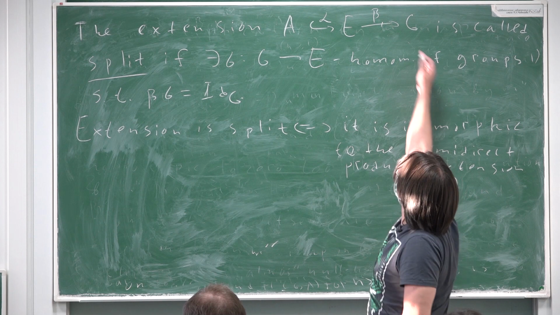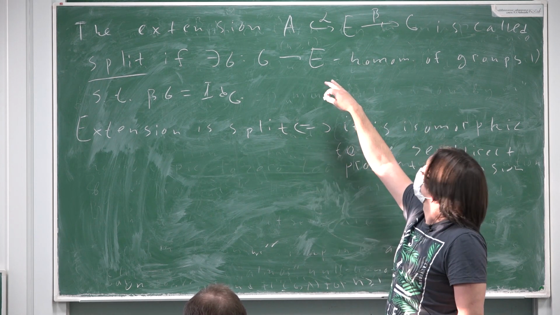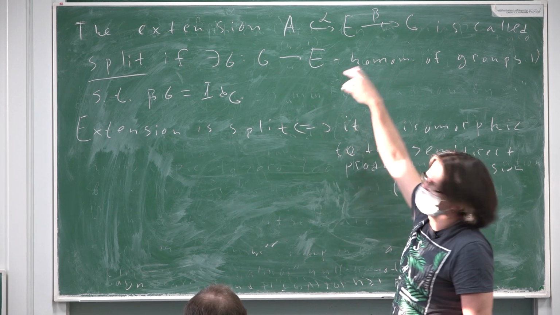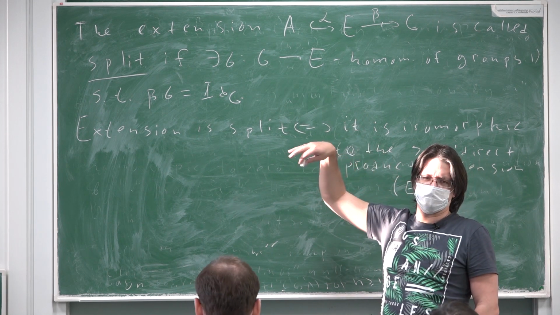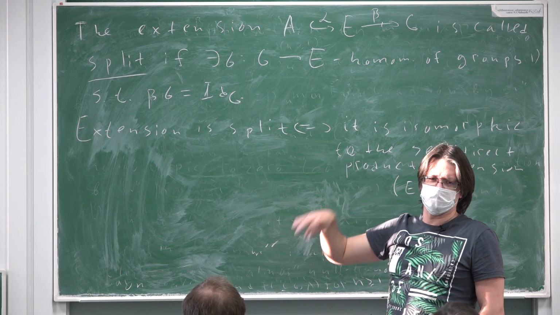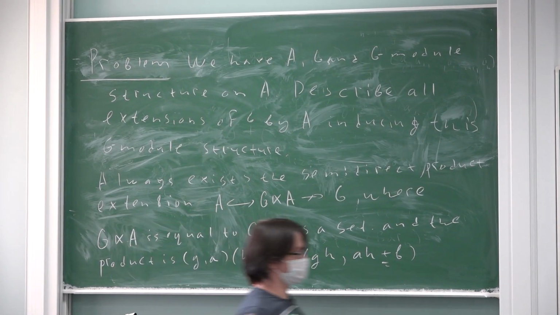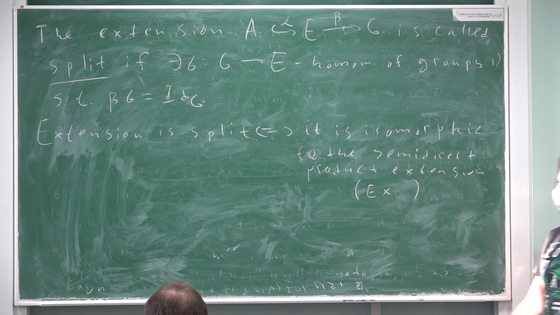You simply have sigma, yes, and you can write any element as sigma of G times alpha of X, yes, and in this way you get such a pair, and you can check that these pairs are multiplied exactly by this rule.